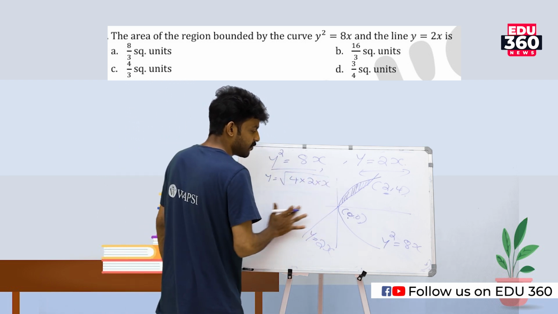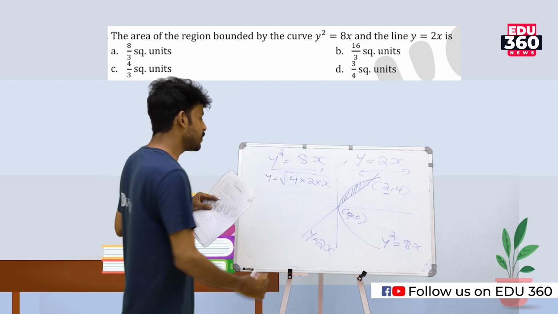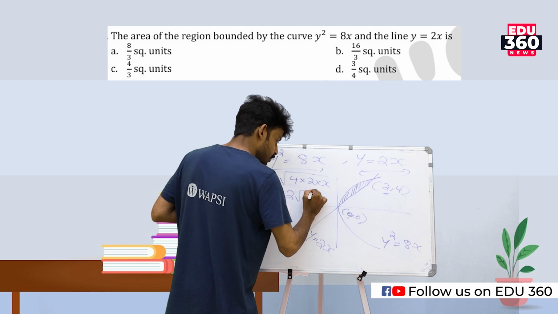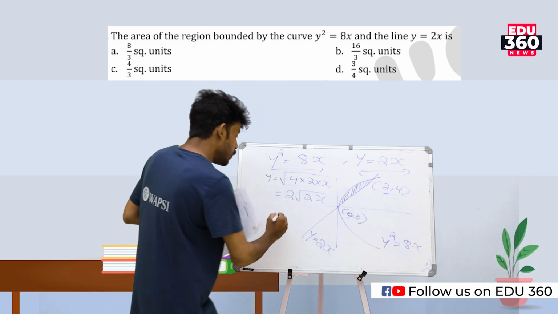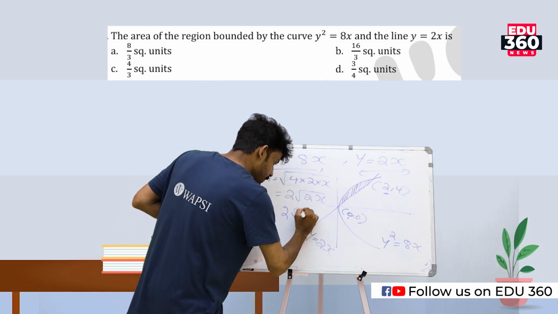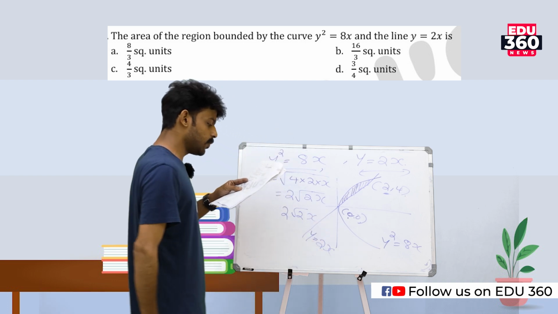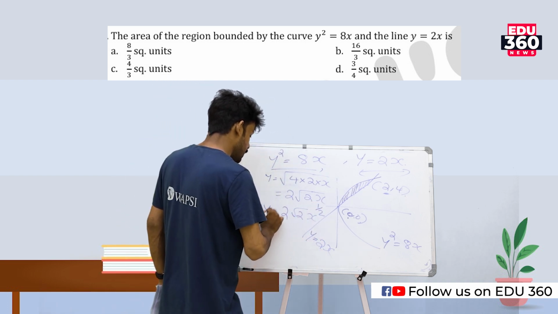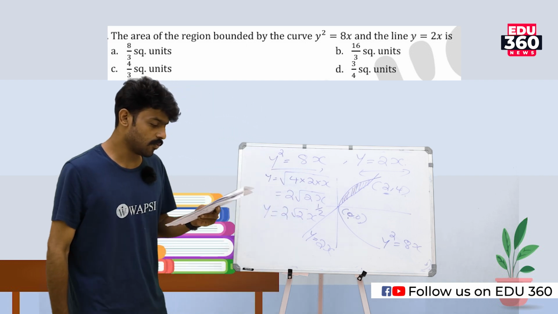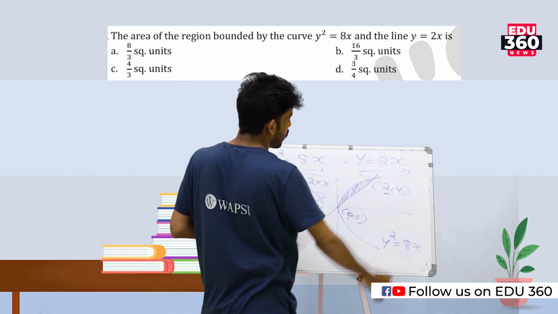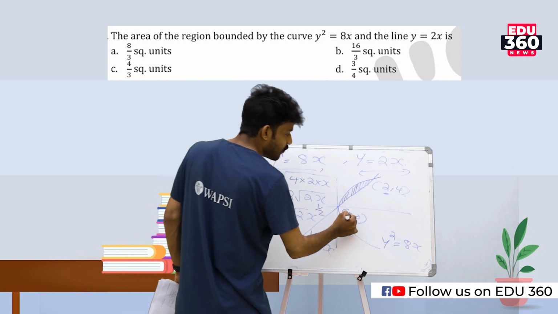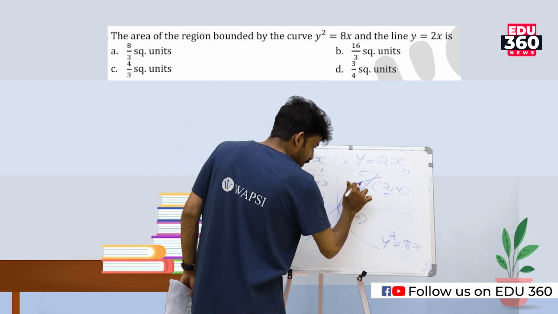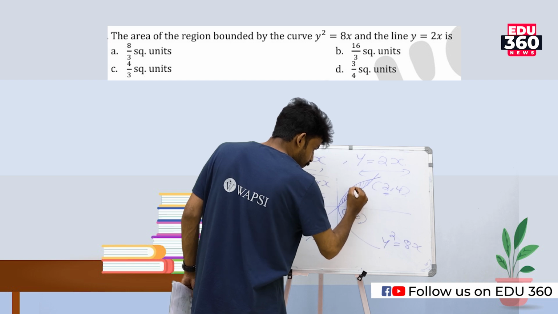That means we can write y is equal to 2 root 2 x raised to 1 by 2. And from here, we know that y is equal to 2x and the limit is from 0 to 2, because we are considering a strip like this.